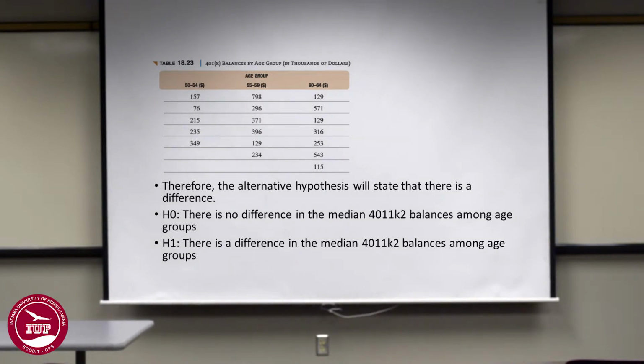For example, null hypothesis: there is no difference in the median 401k balances among each group. Alternative hypothesis: there is a difference in the median 401k balances among the groups.